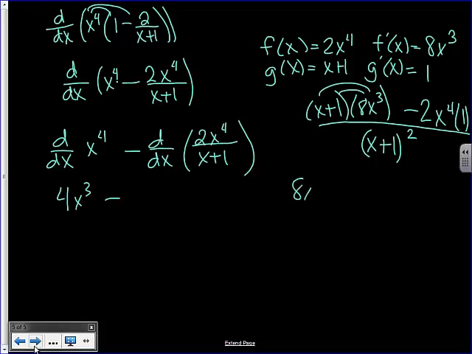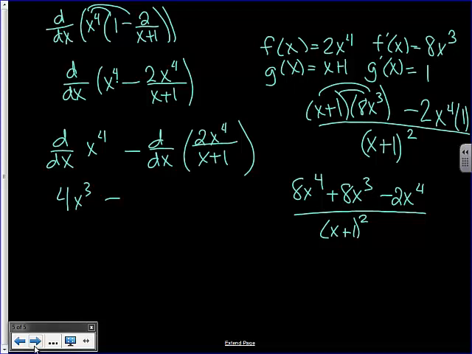So I now have 8x to the fourth plus 8x cubed minus 2x to the fourth all over x plus 1 squared.